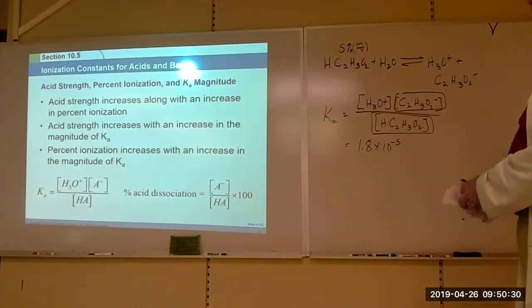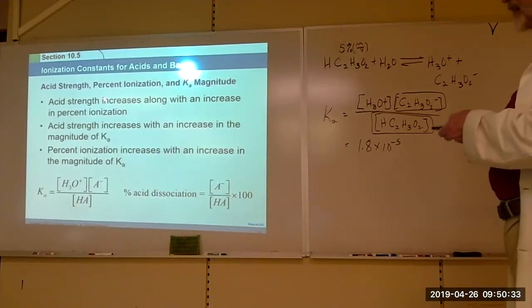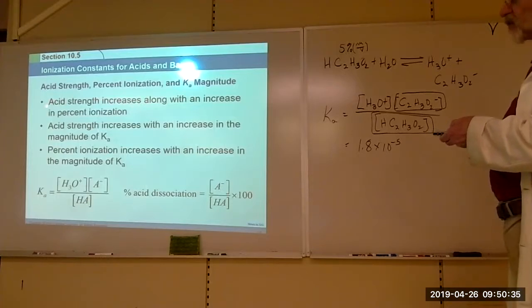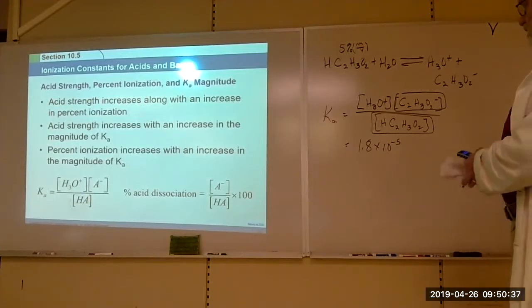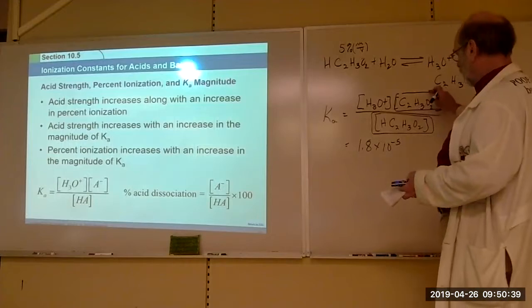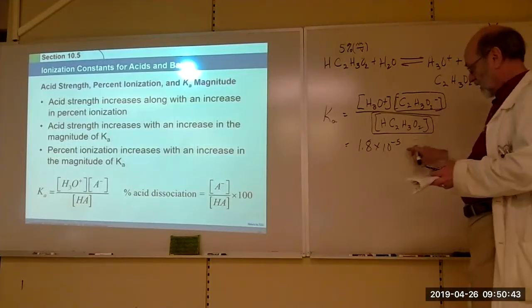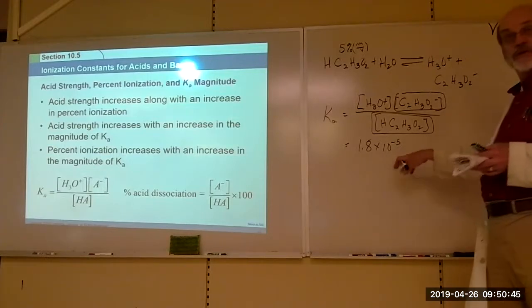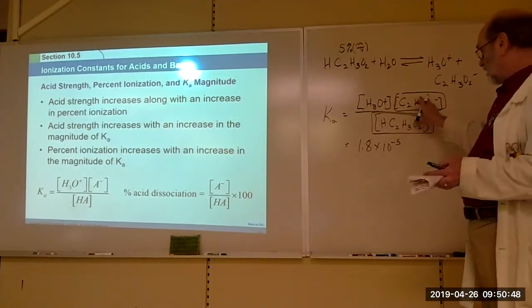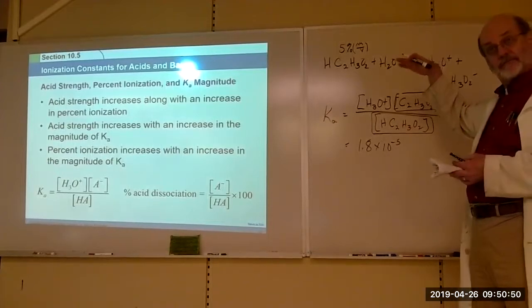This is true. The strength of the acid increases as you increase percent ionization. So the stronger the acid, the more of this you're going to have from that. That is true. If we had a value here of 10 to the minus fourth for a different acid, the percent ionization would go up.